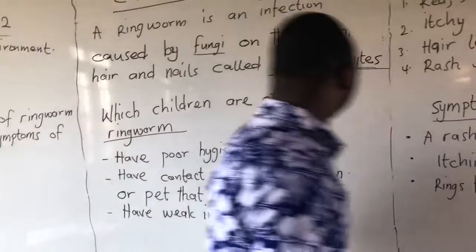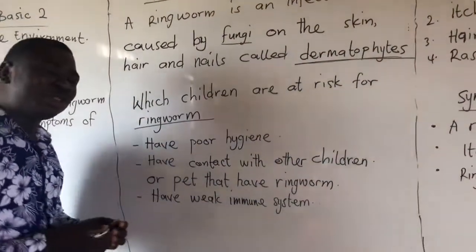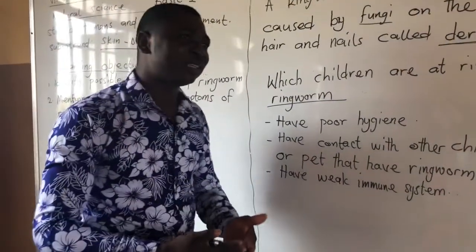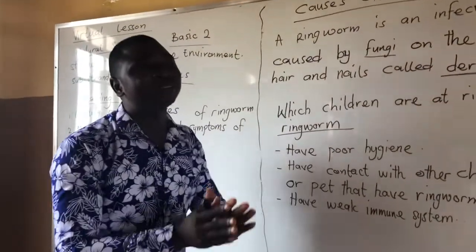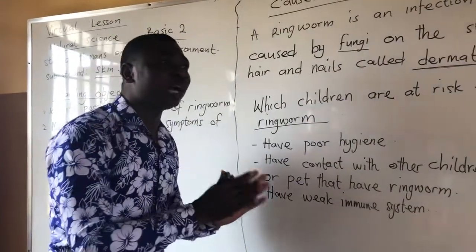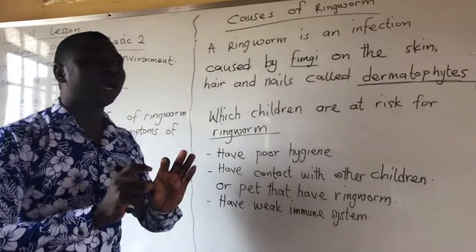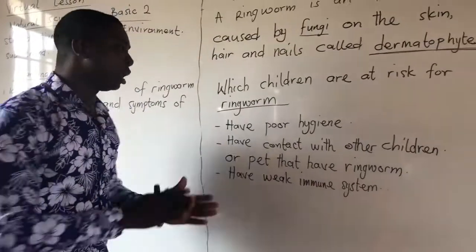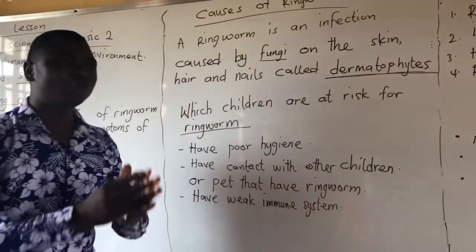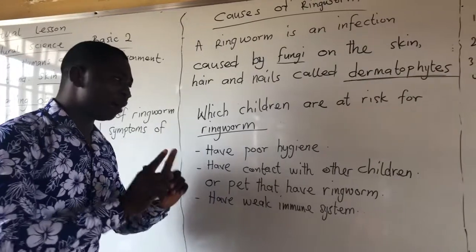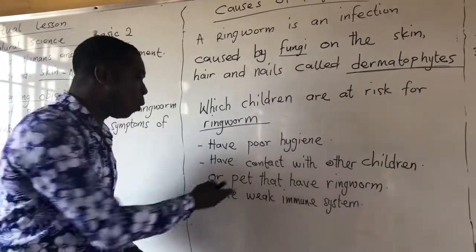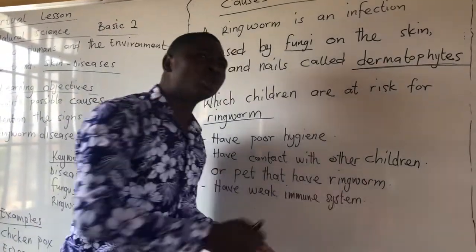When that happens, you are affected by the disease called ringworm. And we also talked about children that are at risk. Children that do not have personal hygiene, or have poor hygiene, are at risk of getting ringworm. Those who have contact with other children or pets that have ringworm are also at risk.